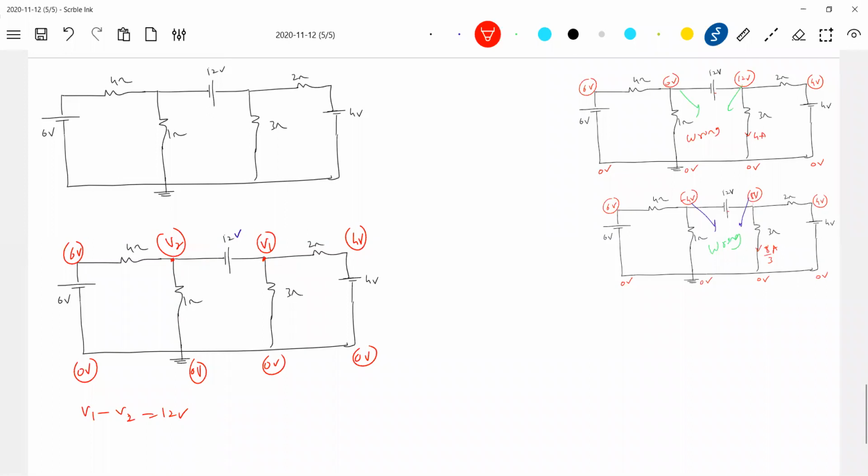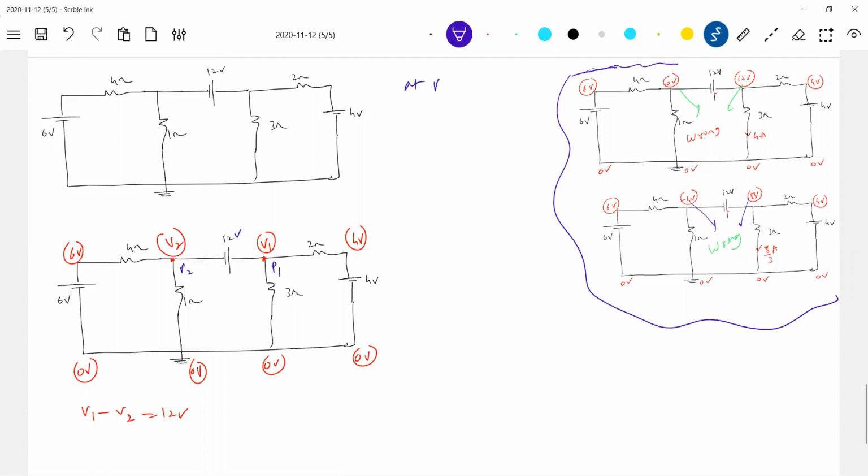So therefore, we'll give names for the junctions. This is P1, this is P2. At P1, shall we write V1 minus V2? We don't have any resistance here, no?